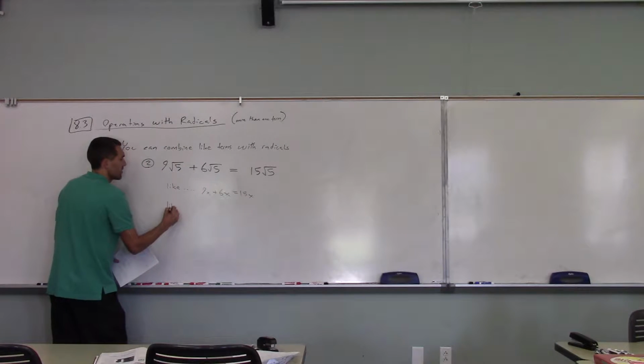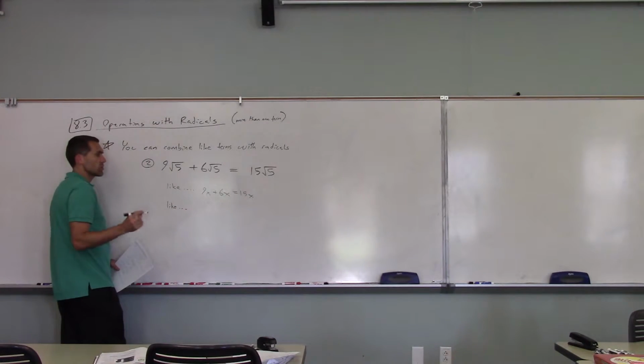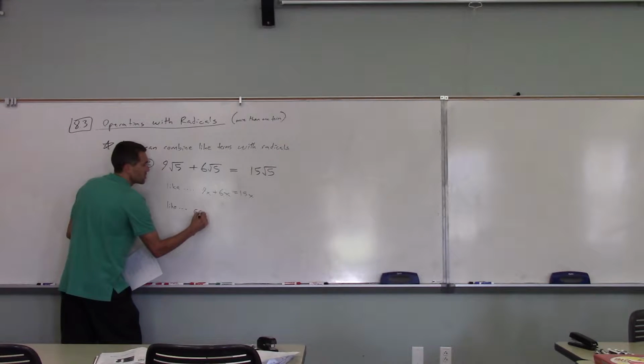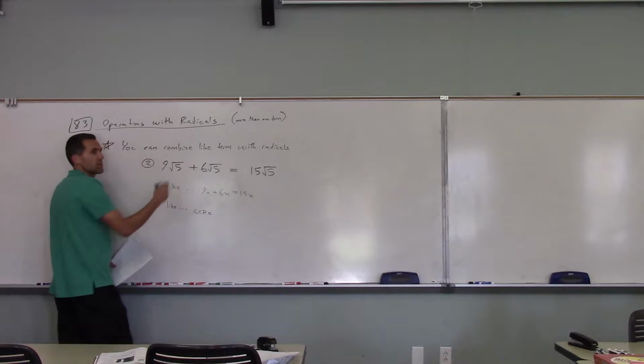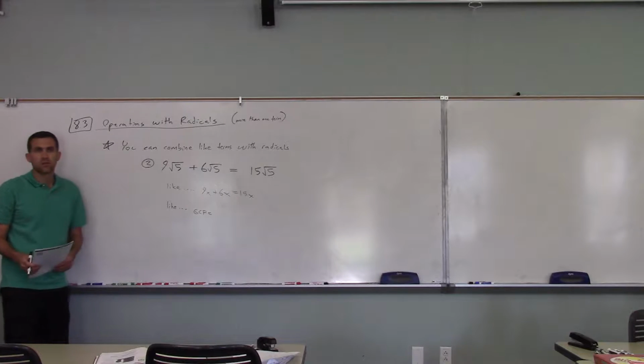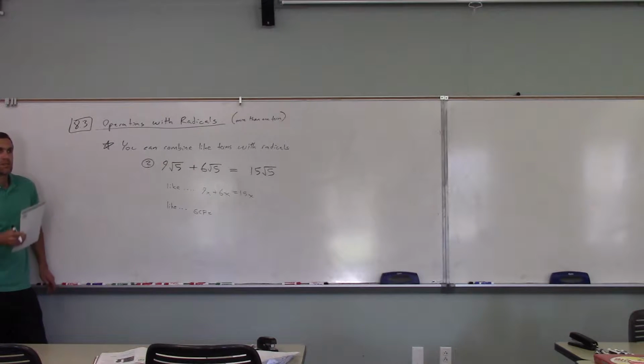Or like, and this is what's actually happening, what's the GCF of this thing on top? What's the greatest common factor that comes out of both of those? There's a 3, and? 5. You're close, not 5. 1.